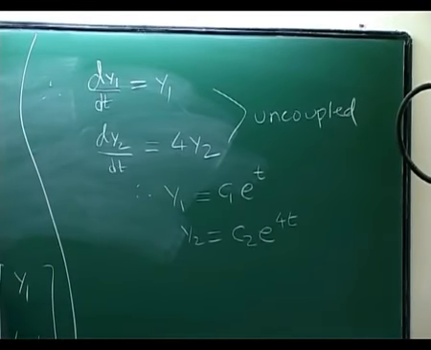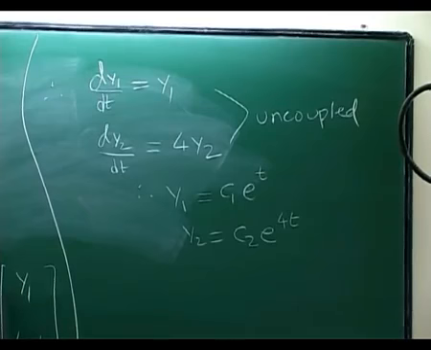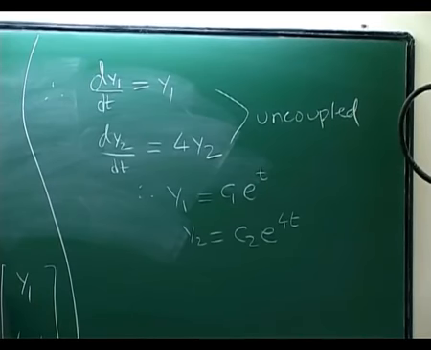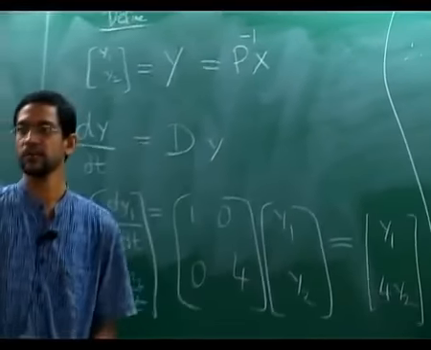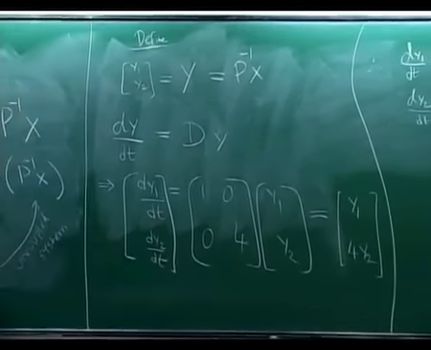Okay, so let us check that this y1 y2 is the same as the y1 y2 that I gave you in the beginning. We know what y is, right? How is it defined? Y is P inverse times x. That's the definition of y. We know P inverse, we know x, so let's calculate y.